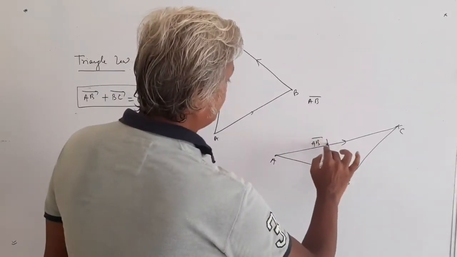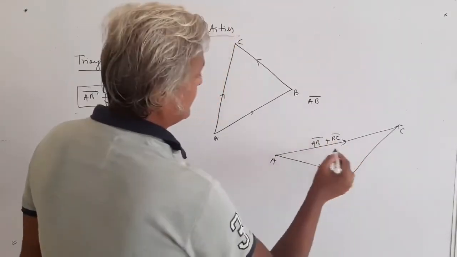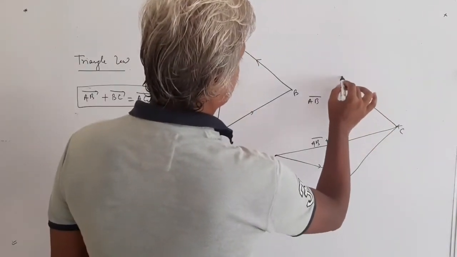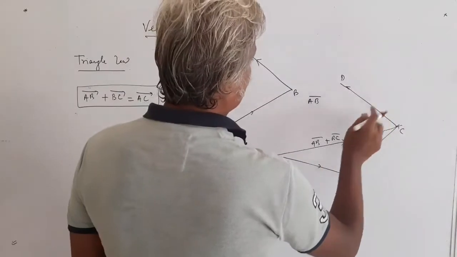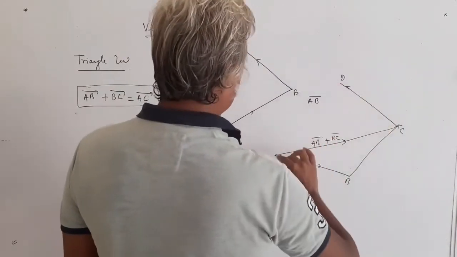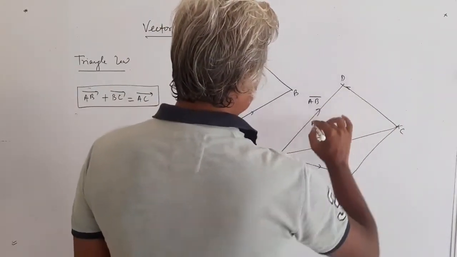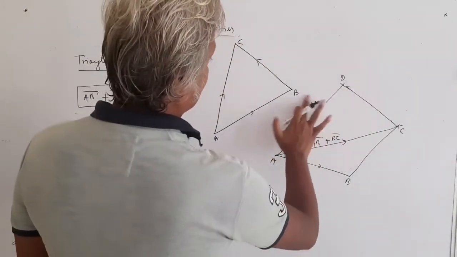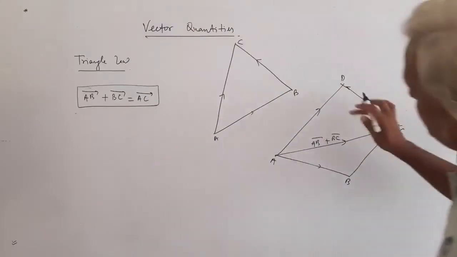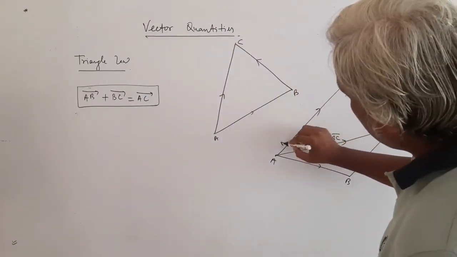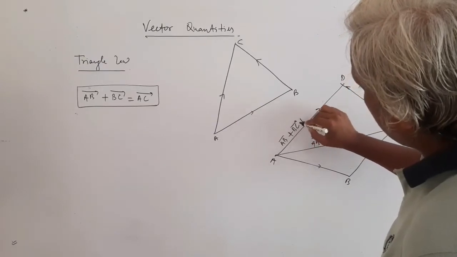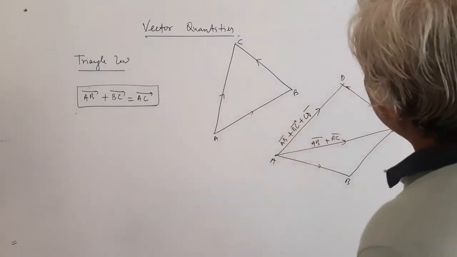Again if I go from here to here, and that is D, this will become CD bar. So now if I join this, what will it become? This line segment AD bar will become AB bar plus BC bar plus CD bar.